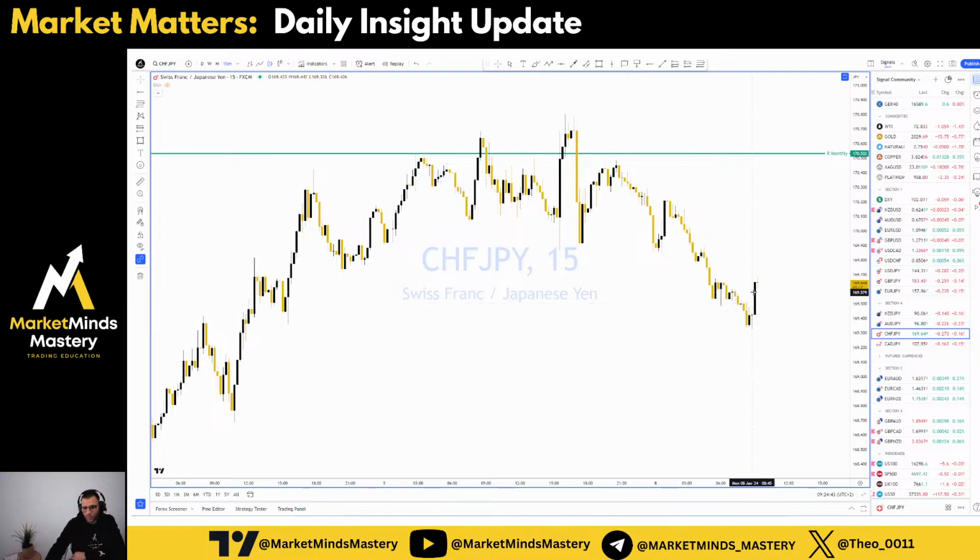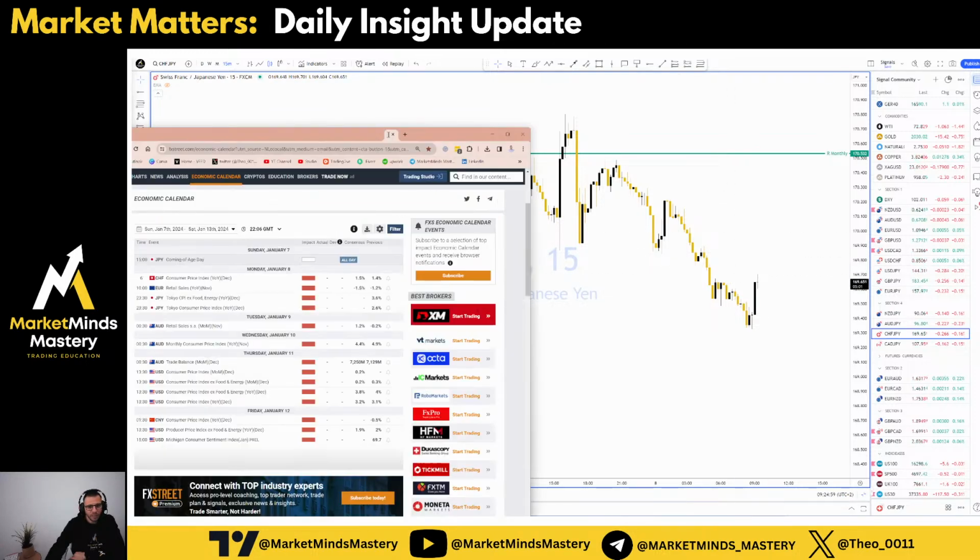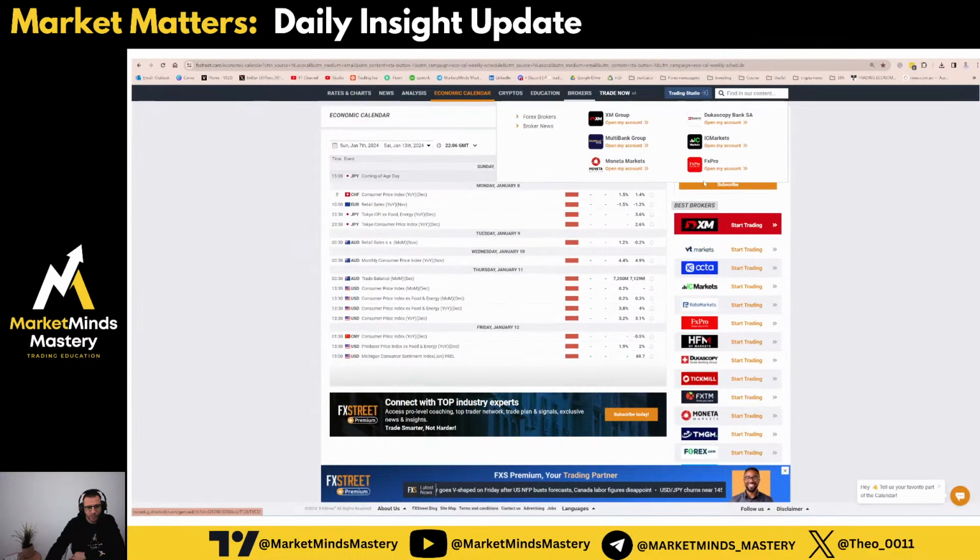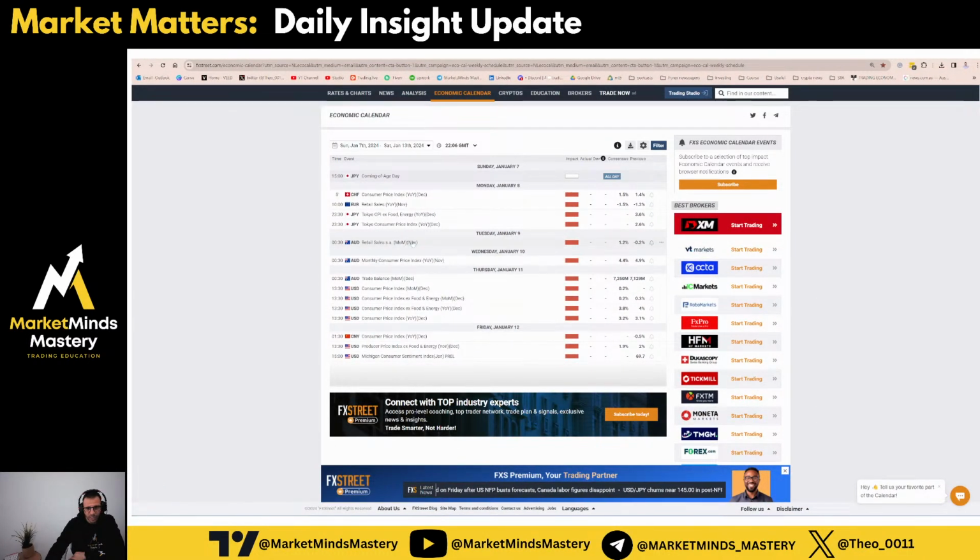Swissy, or Swiss franc. In Switzerland, they will report today the CPI numbers and of course the expectancy as per the calendar. If you want, I will bring the calendar just for 1 second to check it out.